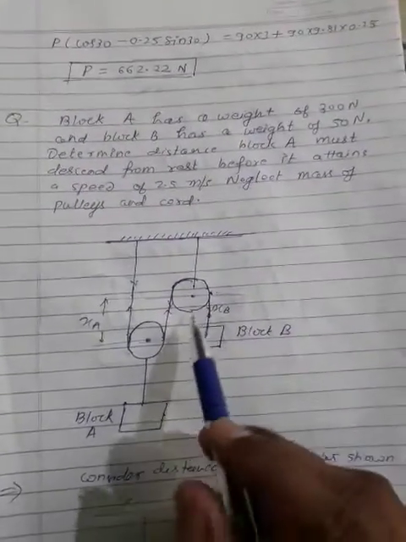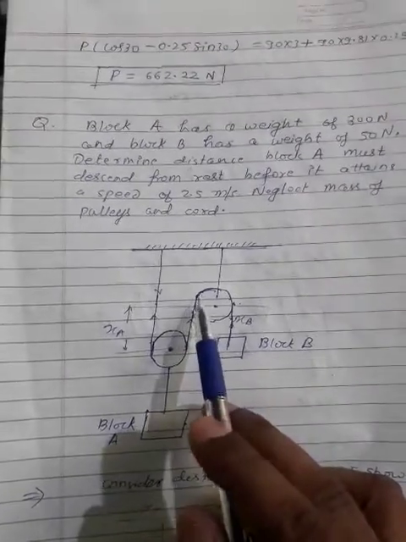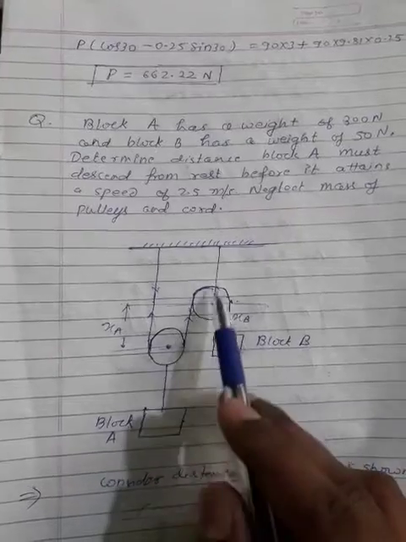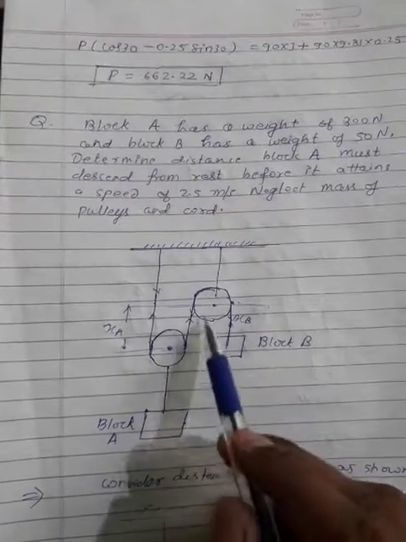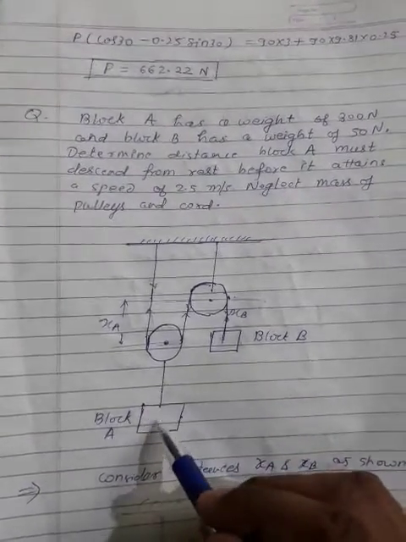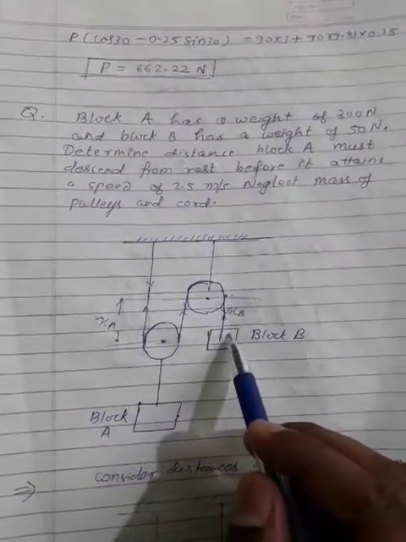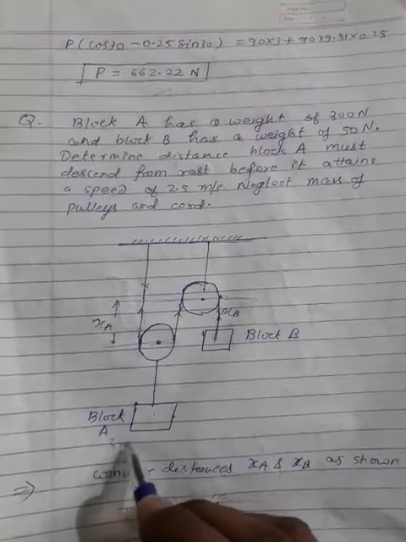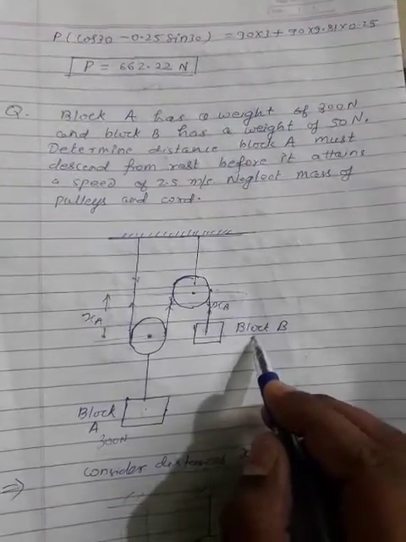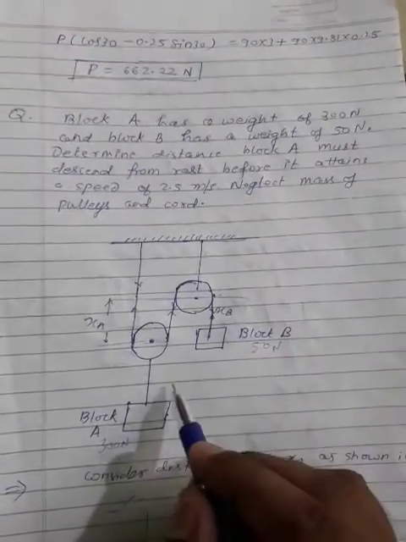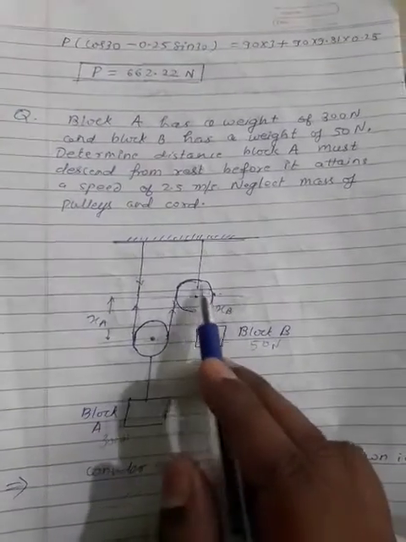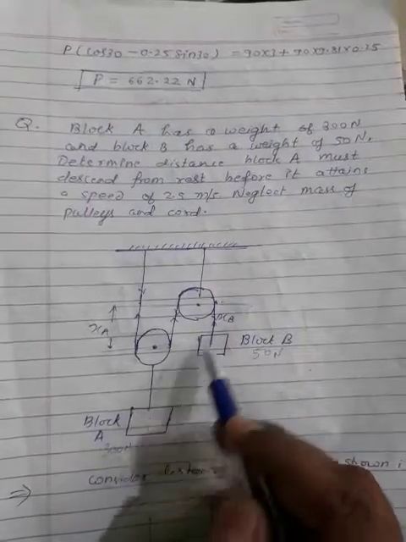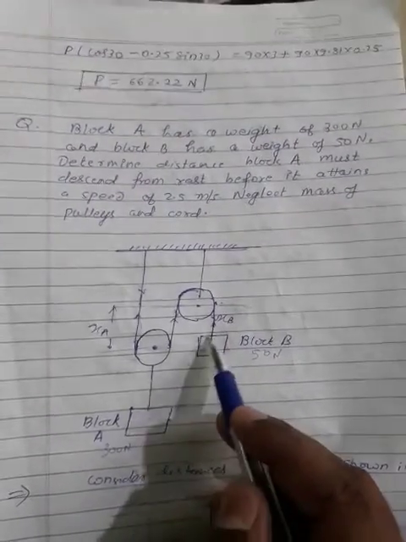So you are given the connection like this, that is, block A and block B are connected by a cord passing over a pulley. So if block A moves in the downward direction, as block A has a weight of 300 Newton while block B has a weight of 50 Newton, block B will move upward, so the motions of A and B depend on each other.